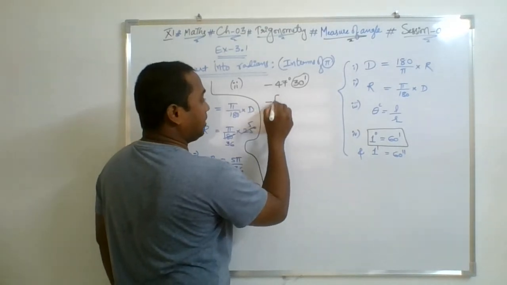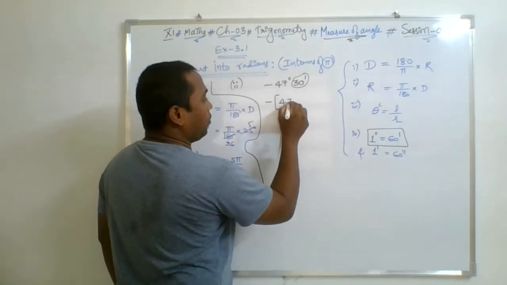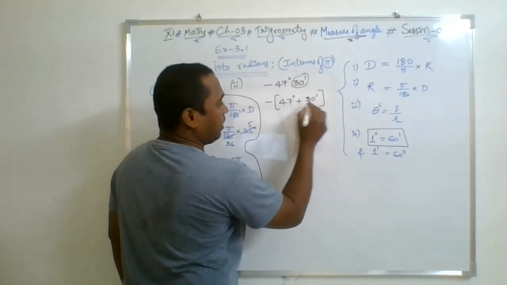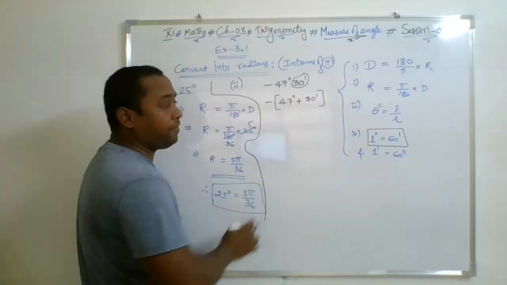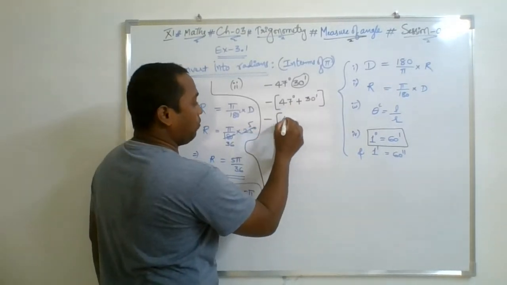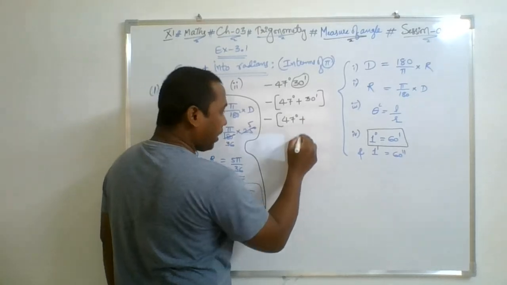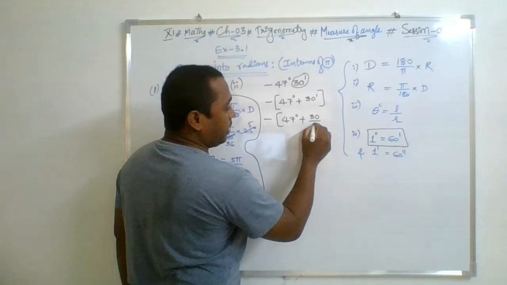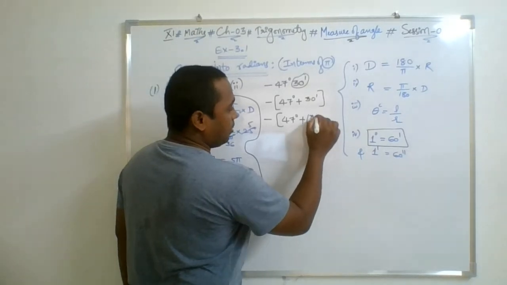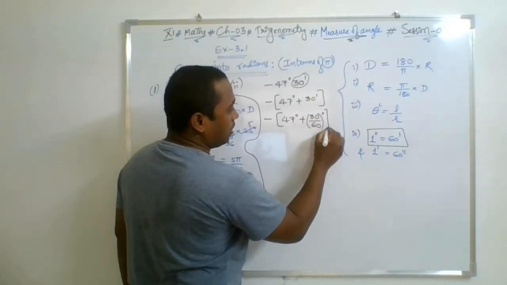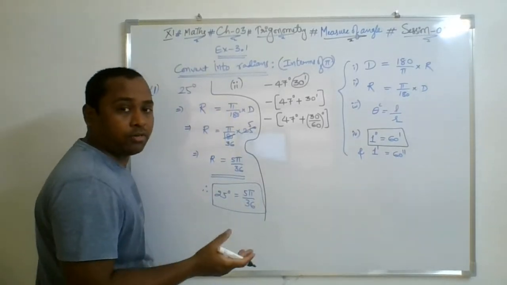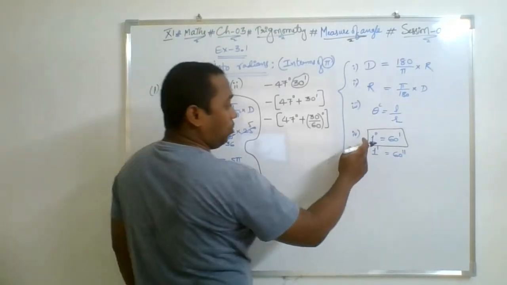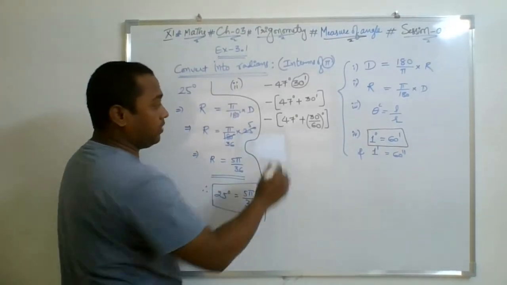The other way to do it is to keep this minus sign outside. Simply 47 degree plus 30 minutes. I'm just elaborating the figure. To convert minutes into degree, divide by 60, as you know 1 degree is equal to 60 minutes.